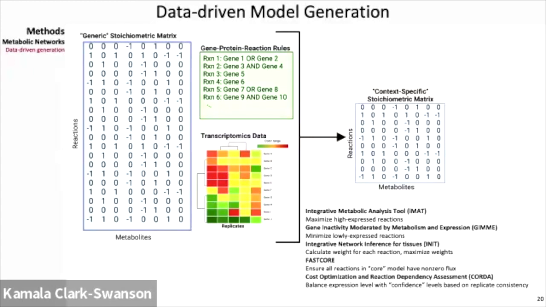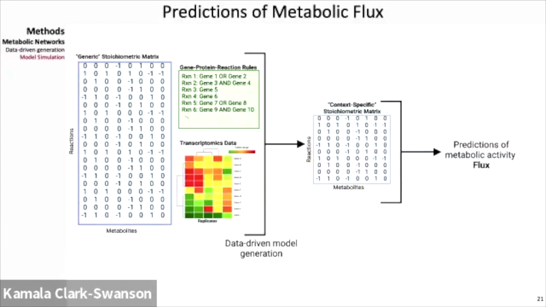You could also try to pare down intensely the lowly expressed reactions. And so there are different tools that do this overlay of data onto a generic model to generate a condition-specific model. The nice thing then is that you can use that stoichiometric matrix to predict the flow of material through the network, essentially getting at the behavior of the cells.